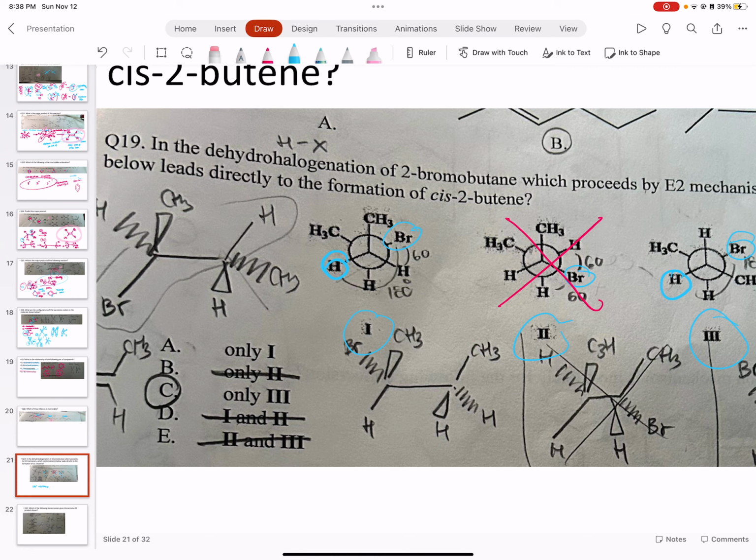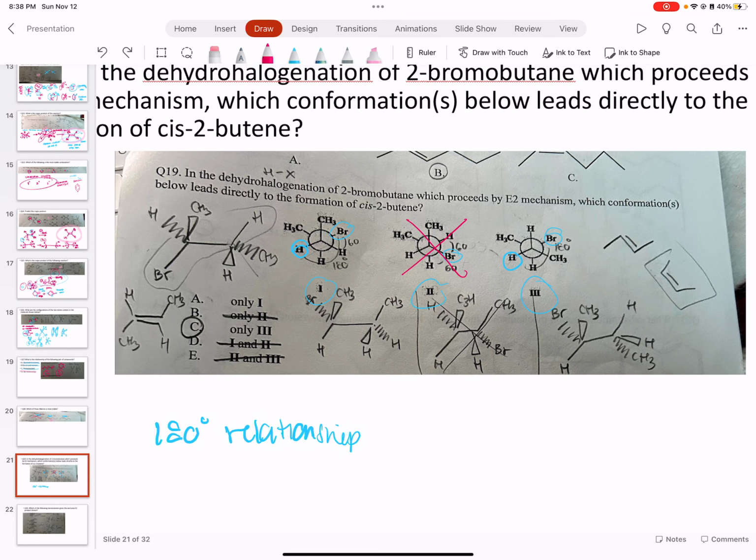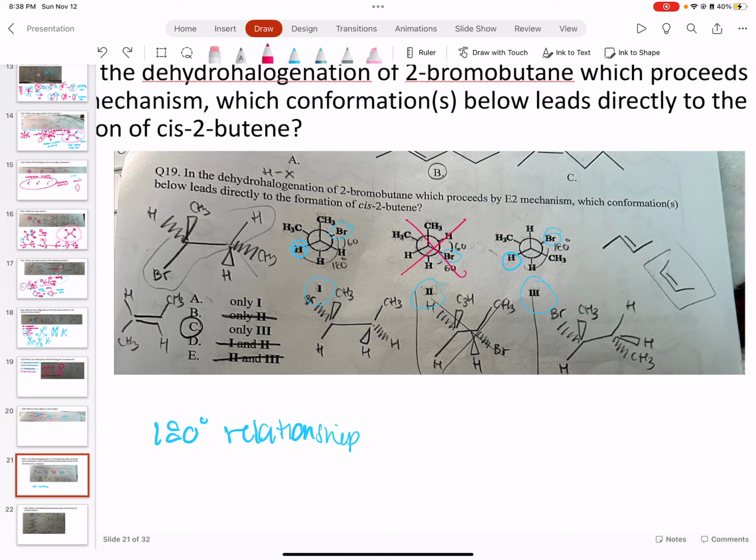After we take that into consideration, it's going to be mainly about whether it's cis or trans, because technically they're connected to the same things, just organized differently. So they're both going to have a cis and trans relationship. How do I know which one's cis and which one's trans?